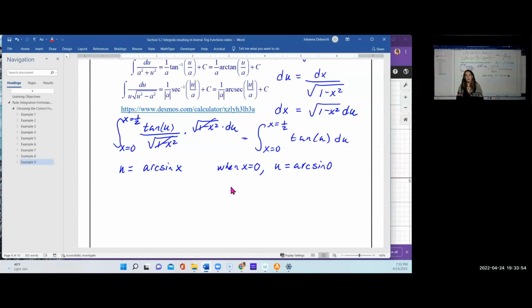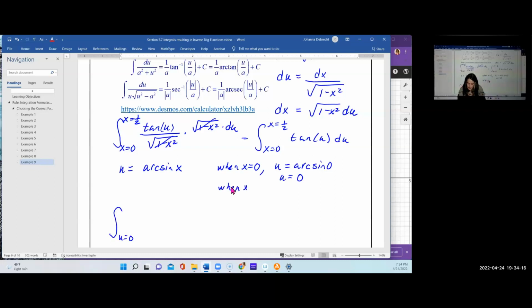That's the angle between negative pi over 2 and pi over 2 whose sine gives you 0. Well, the angle whose sine is 0 is 0. So this tells me that u is equal to 0. So replacing x equals 0 will be u equals 0.